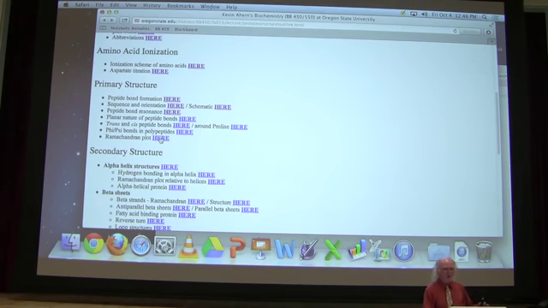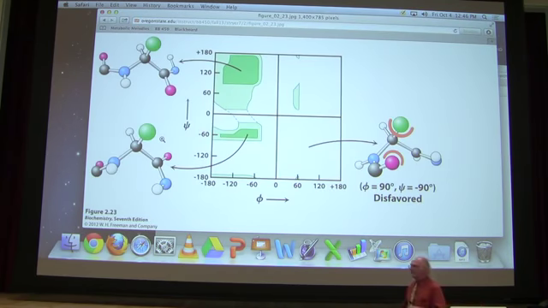A man named Ramachandran, who was a very famous Indian scientist, was the first one to predict this, and he turned out to be right. He showed, or he predicted, that if we look at the rotational angles around the alpha carbon, and he called them phi and psi, if we look at those rotational angles and we look at the possible structures, we discover that there are places where things are very stable.